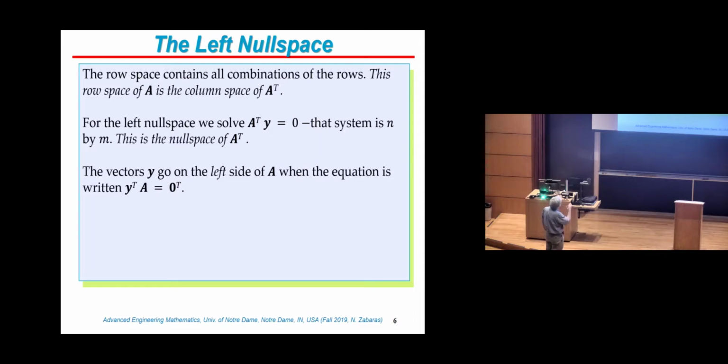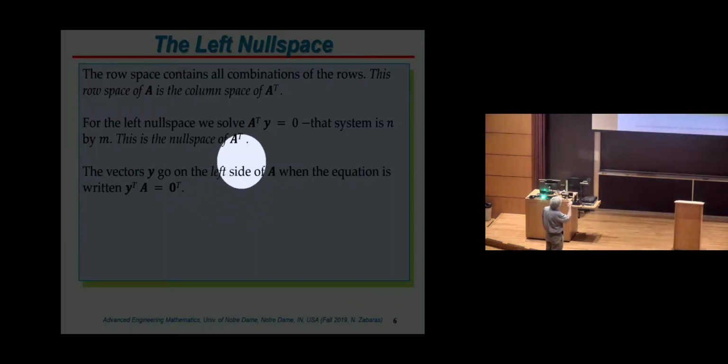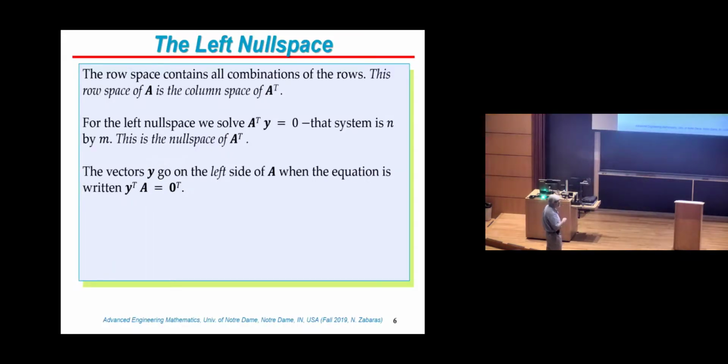But often, to do the calculations and also to justify why we call this a left null space, if you take the transpose of this equation, do you agree with me? You can write it as y transpose A equals the 0 row vector. Is that okay? Can you see now why I call this the left null space?